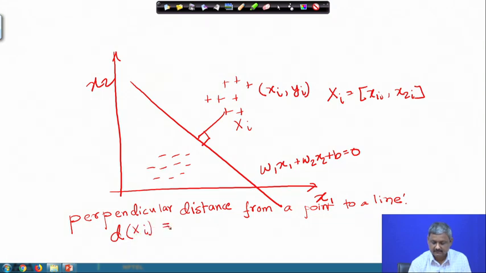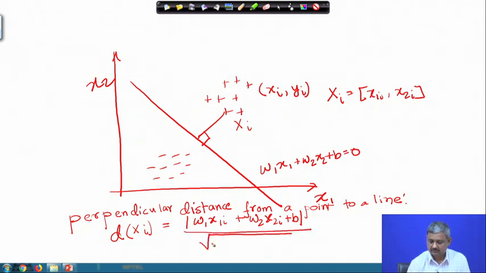d(x_i) is nothing but the absolute value of w1 x1_i plus w2 x2_i, just plug in these values. Remember, earlier we were looking at the sign of these quantities, now we are looking at the magnitude. Okay, w1 x1_i plus w2 x2_i plus b, divided by the square root of w1 square plus w2 square. This is the distance from a point to a line.